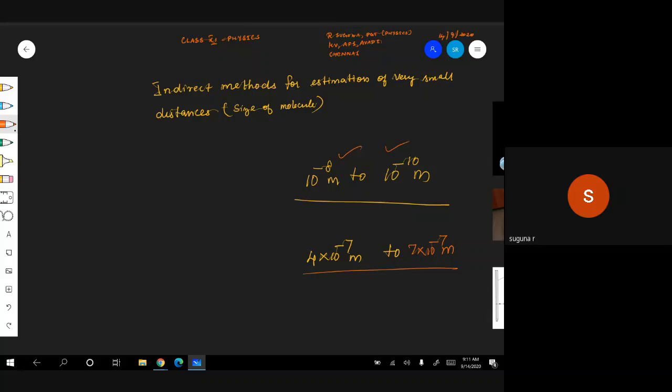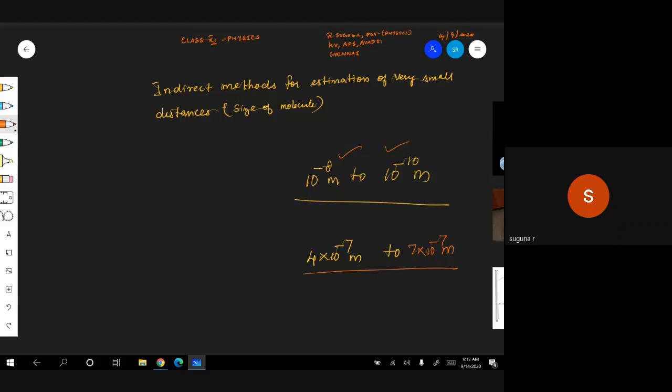Therefore, what can be done? I think I already told you, there are electron microscopes. They use a stream of moving electrons, and a moving electron acts as a wave, called a de Broglie wave. It is a matter wave.